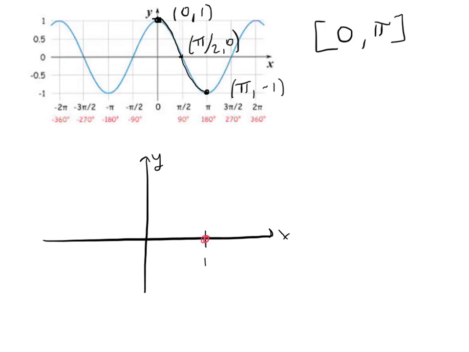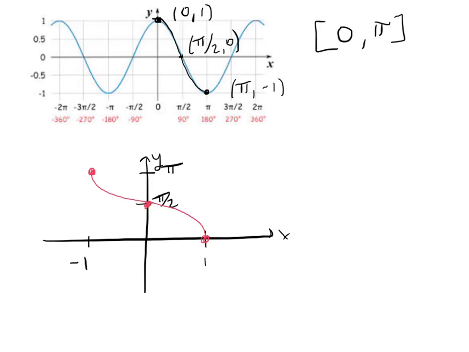And instead of the point pi over 2, 0, we're going to plot the point 0, pi over 2. And then, instead of the point pi, negative 1, we're plotting negative 1, pi. And here is our inverse cosine function.